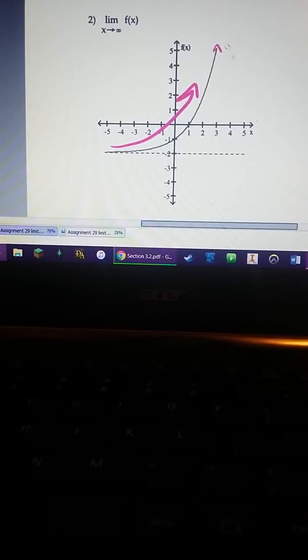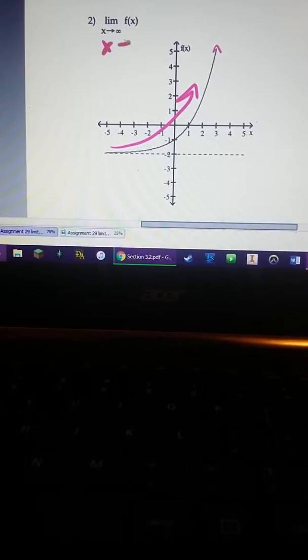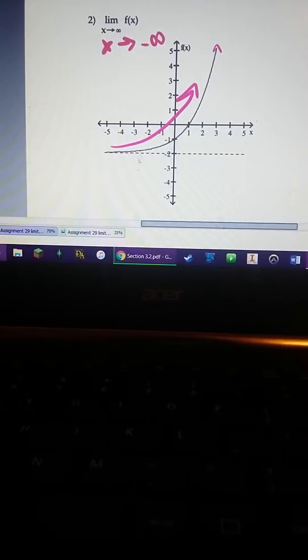It has no record of going down at all there, unless this were to say x approaching -infinity, which would be down this way, then I could see the f of x limit being -2 as marked right here. But for right now, since it's heading in the right direction into the positives, as far as I can tell, this would be positive infinity.